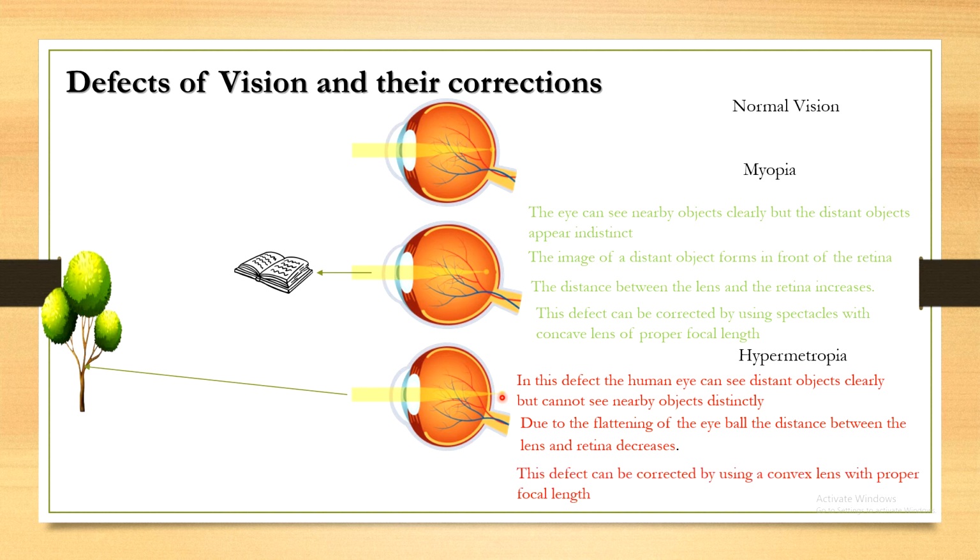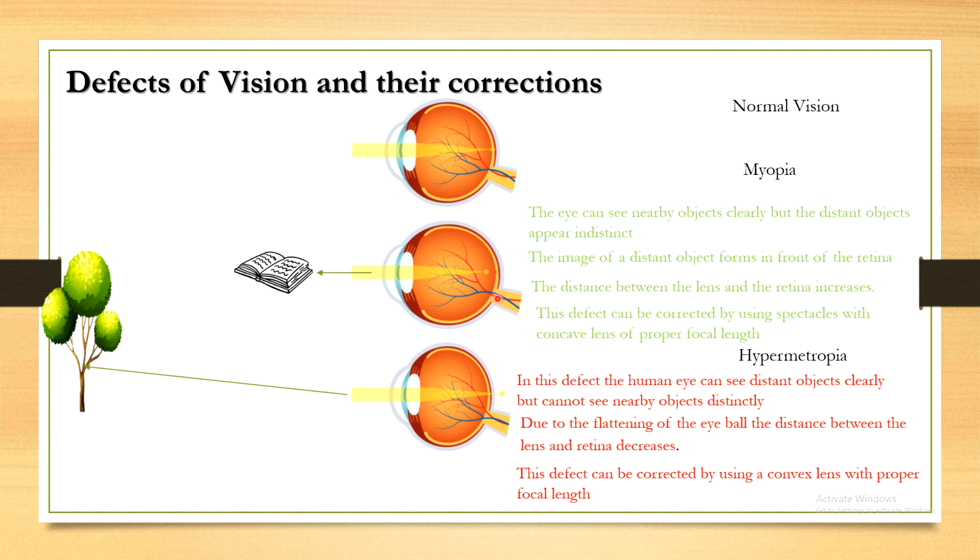To correct this defect, we can use spectacles with a convex lens of proper focal length, because convex lenses are converging lenses.